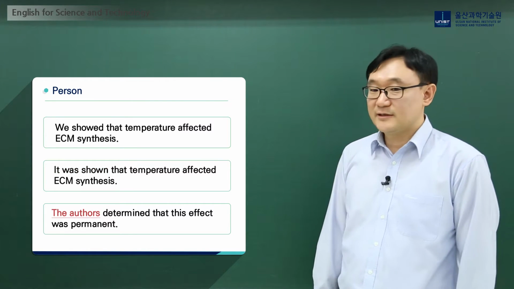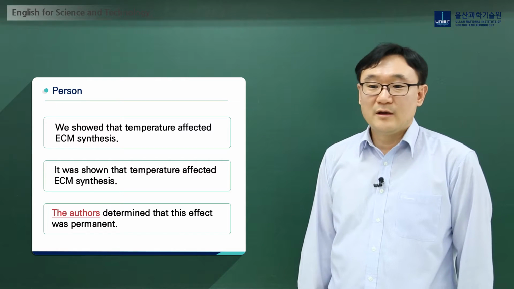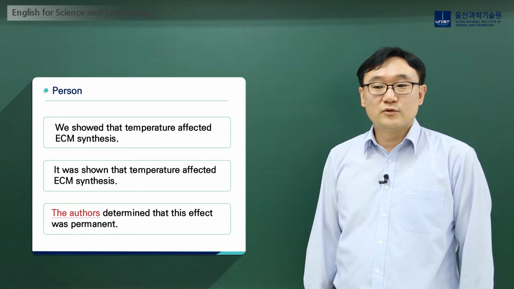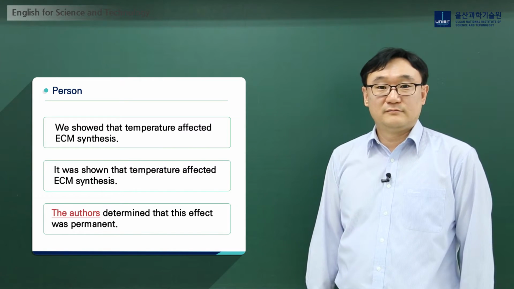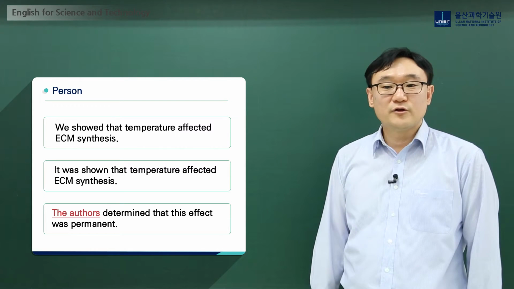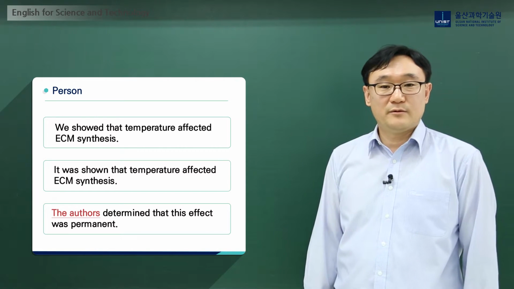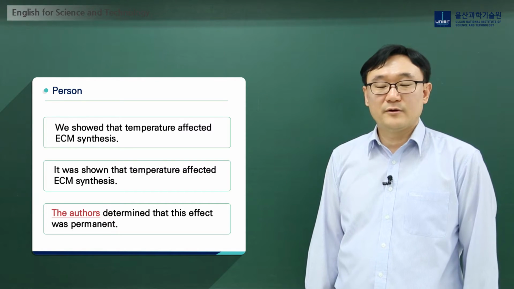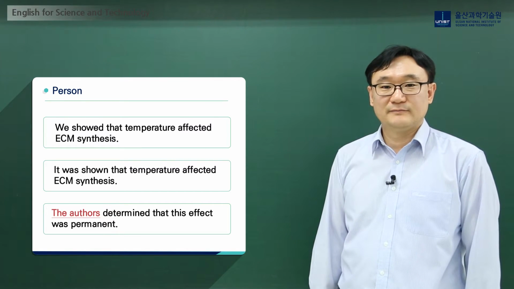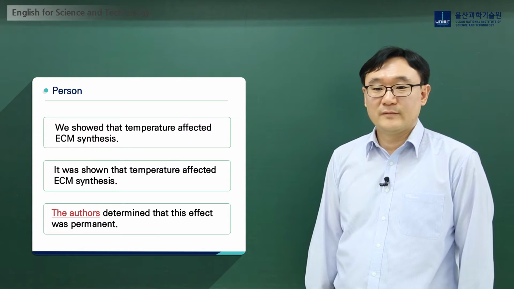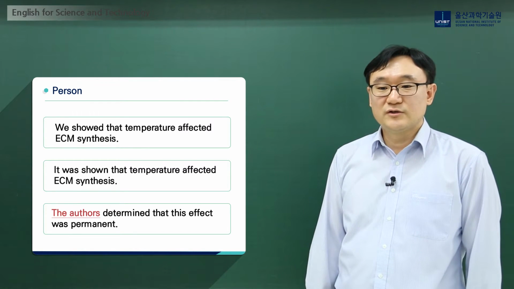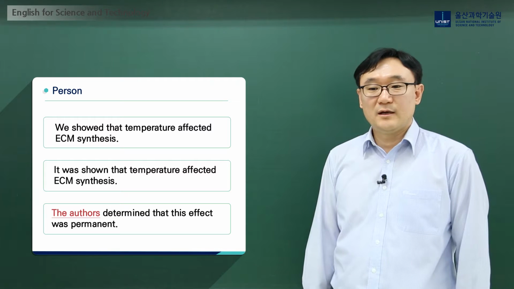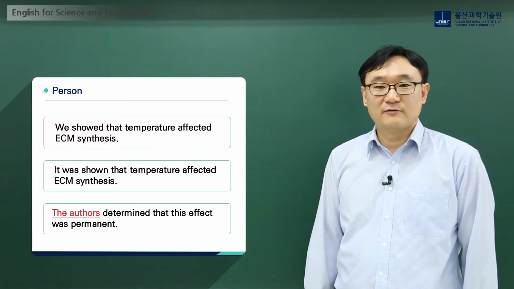In the third sentence, the readers may wonder who the authors are. They could be the authors of this paper, or they could be the authors of a paper previously cited. The consistent use of I or we eliminates unnecessary confusion.